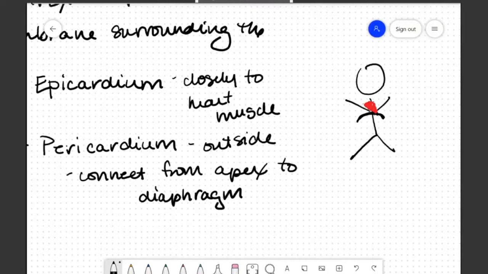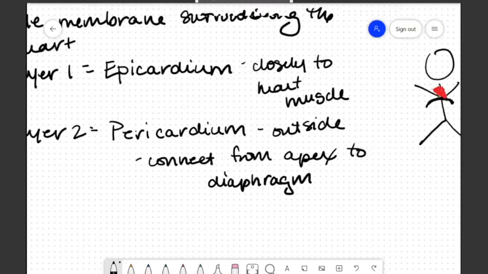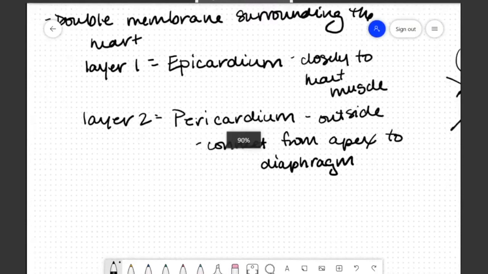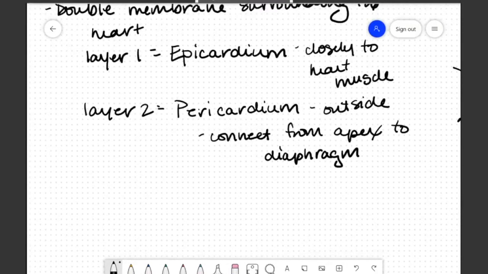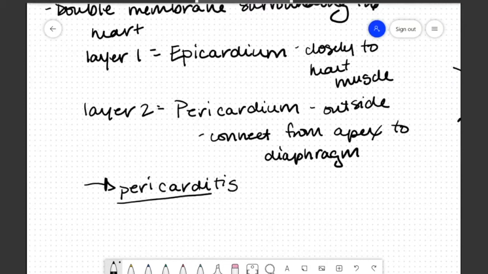This is actually really important because if you have ever heard of the disorder, and it's actually very commonly talked about right now with everything that is going on, it is going to be pericarditis. So pericarditis, the root word is cardi, so you can know that it has to do with the cardiovascular system. And then itis will always mean inflammation.